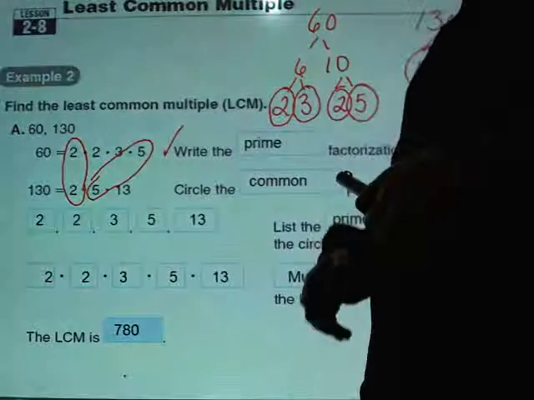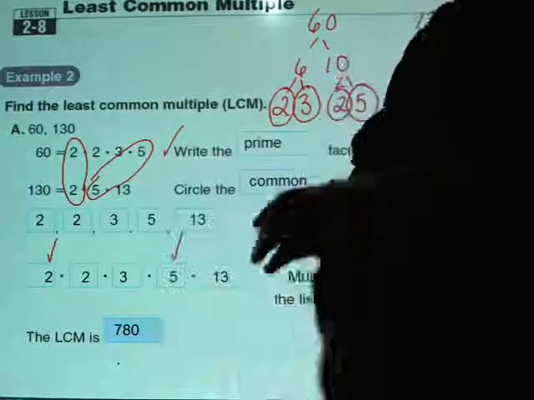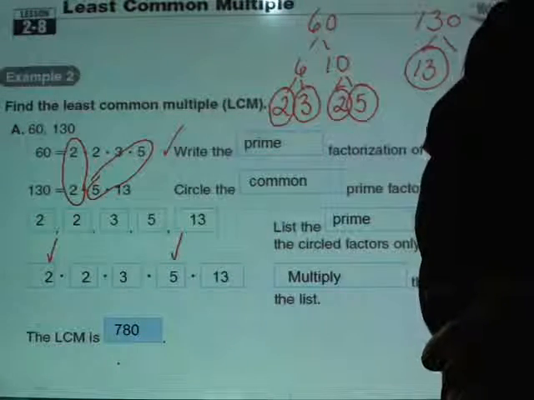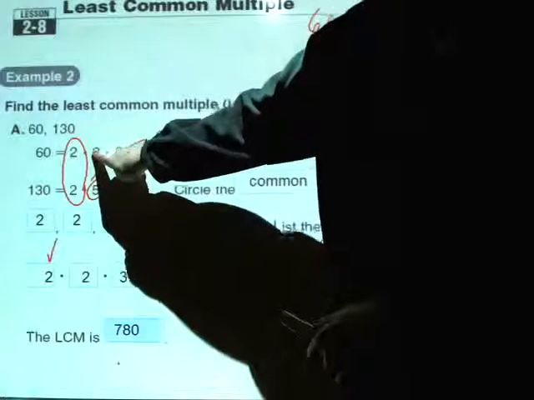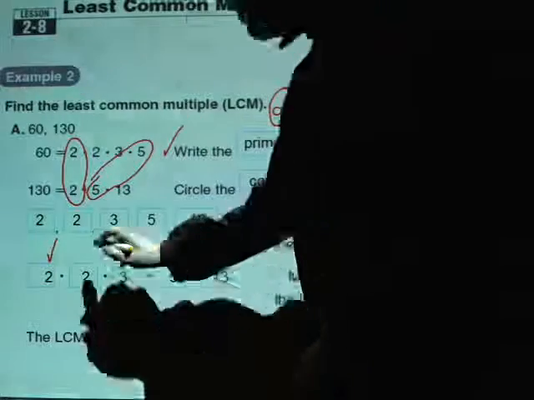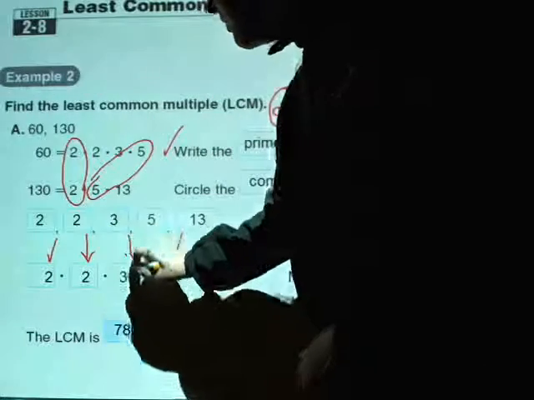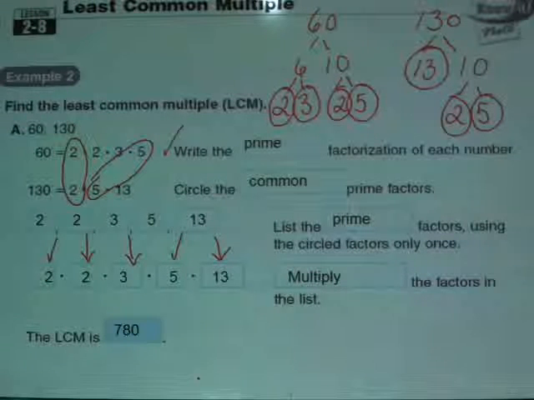So to come up with my answer, I have to multiply together 2 and 5, which is what they're showing you there, with everything I did not circle. I didn't circle this 2, and I didn't circle this 3, and I didn't circle this 13. Well, there's the 2, and there's the 3, and there's your 13. And that's how we figure out our answer. We have to multiply all that together now.